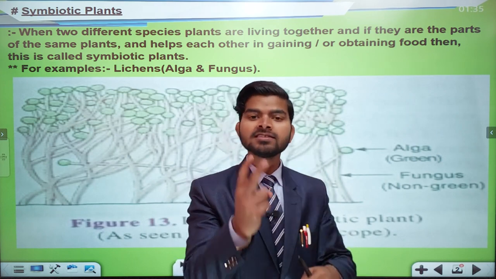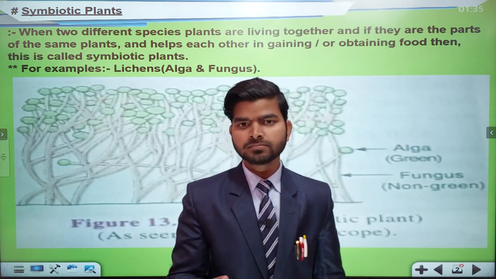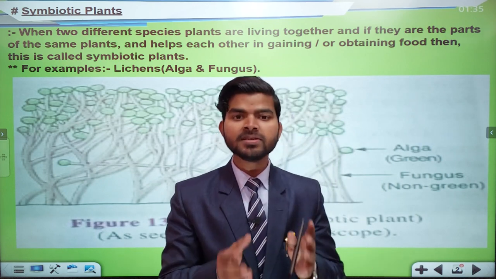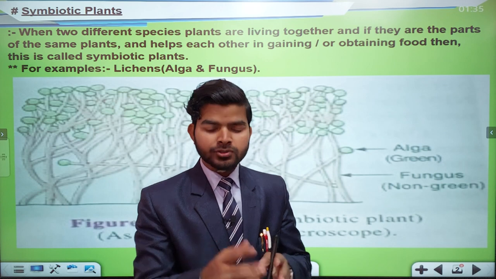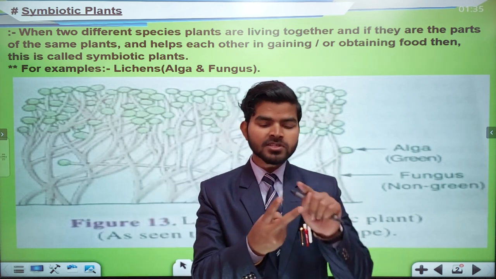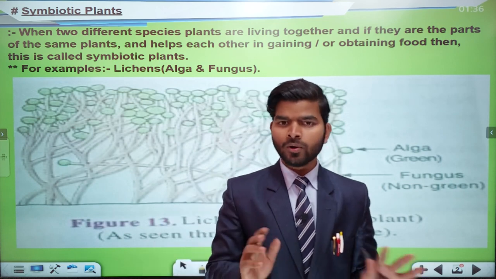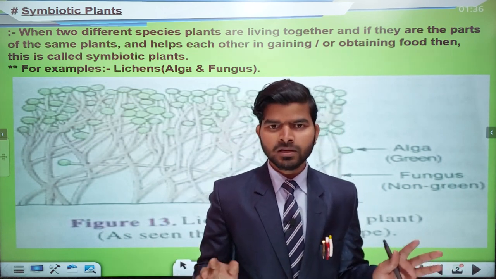Then this is called symbiotic plants. Actually, symbiosis means two different things that help each other, so there we use the term symbiosis. All clear? All clear. Okay.